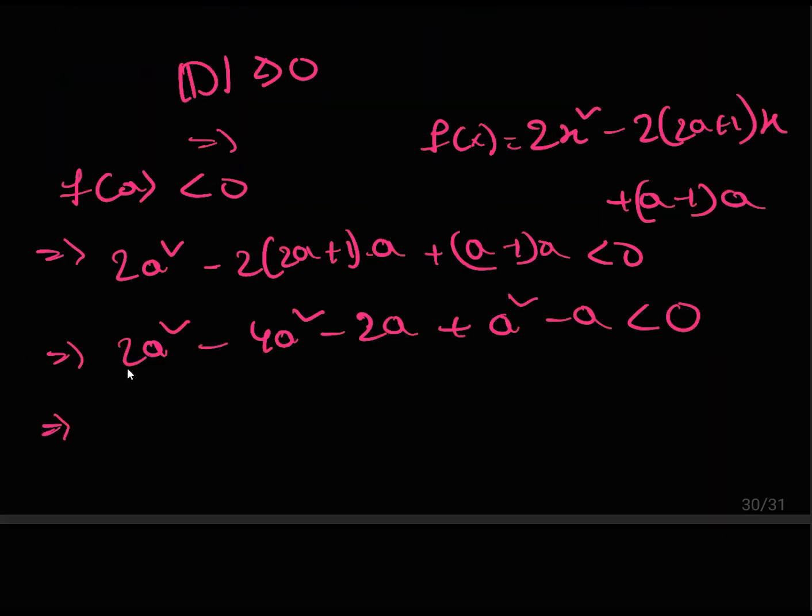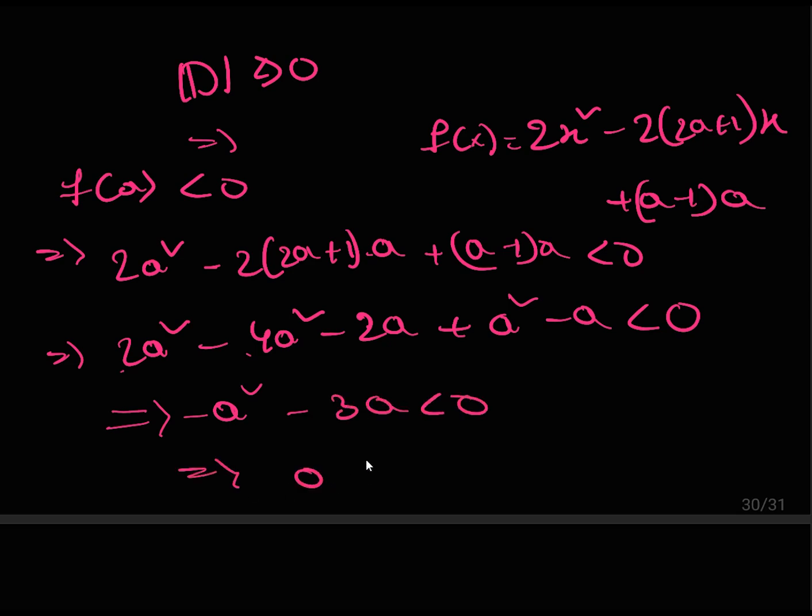Therefore, minus a square minus 3a should be less than 0.